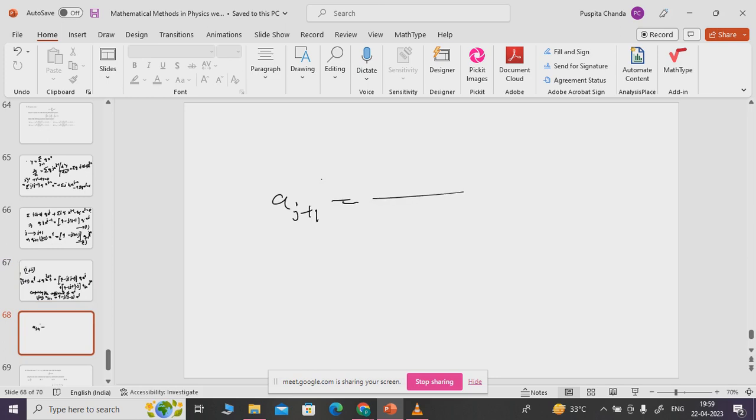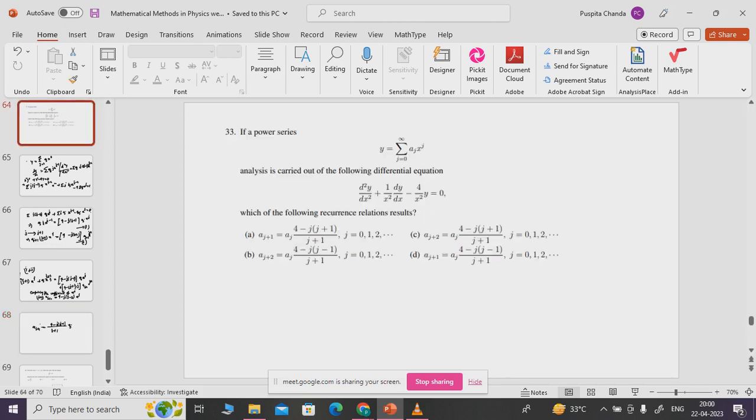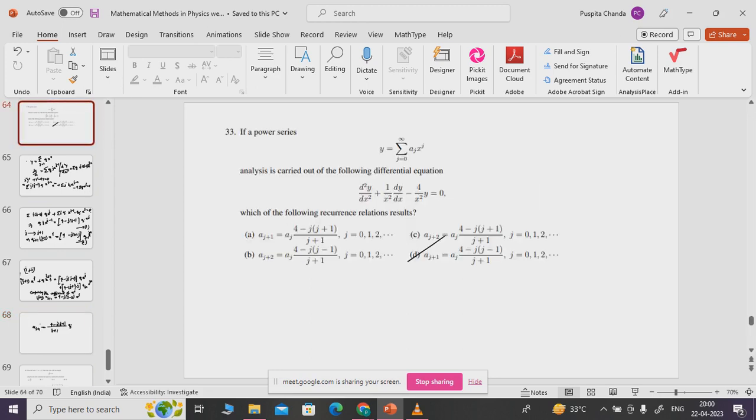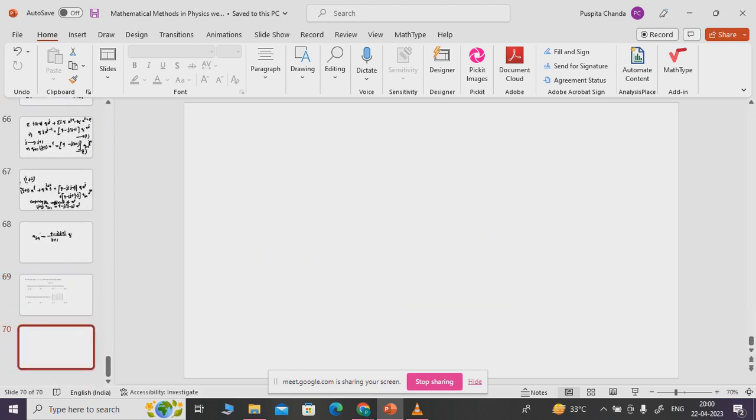So it will become aj plus 1 equals 4 minus j minus 1 over j plus 1 aj. So this is the answer. This is the answer, I guess. j minus 1. Okay.